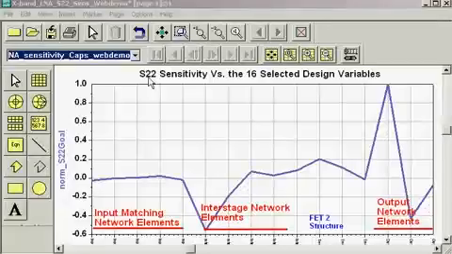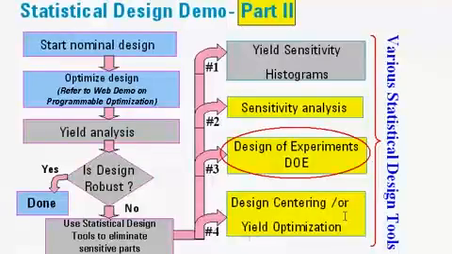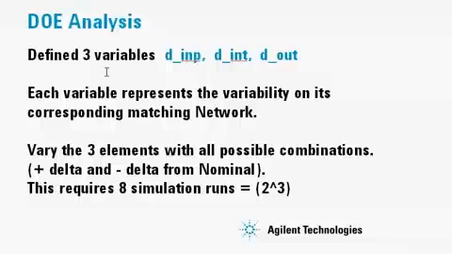This is a plot of S2 sensitivity versus all the 16 selected design variables. Notice that the sensitivity analysis tool shows clearly that capacitor C1 in the output matching network is a very sensitive component.